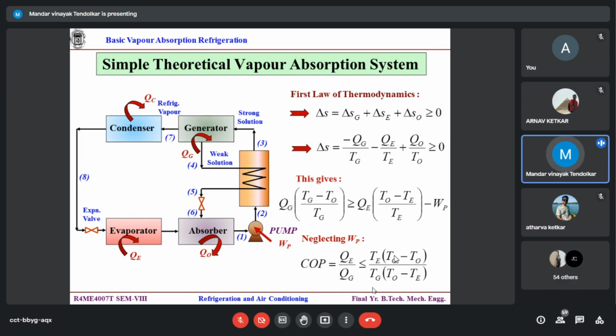And Te divided by T naught minus Te, another term. One is a Carnot engine efficiency. The second is a Carnot refrigerator COP. One is delta T by T. The other is T by delta T.